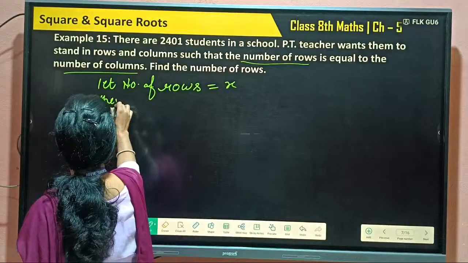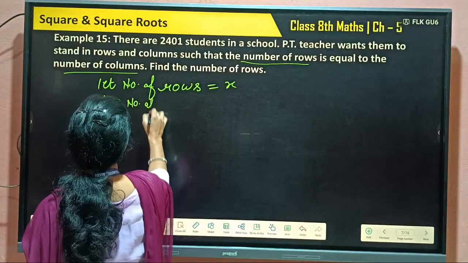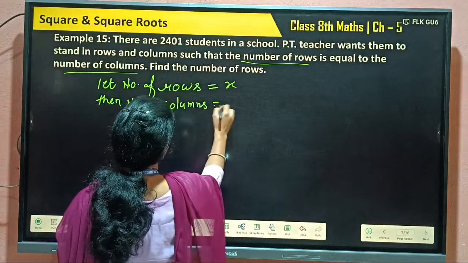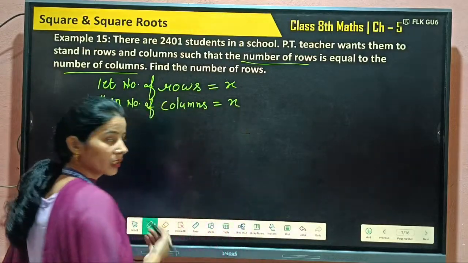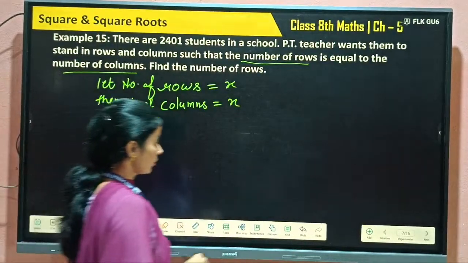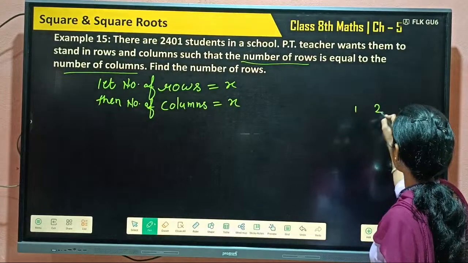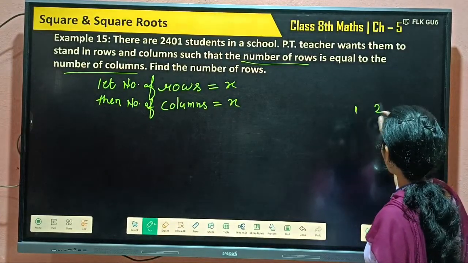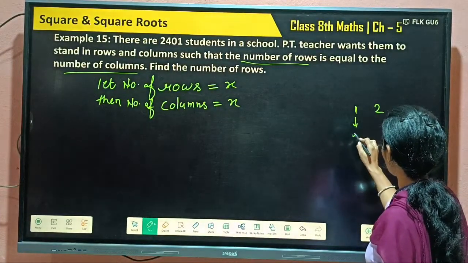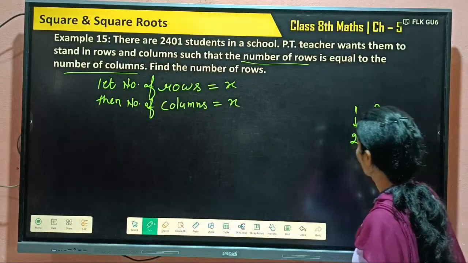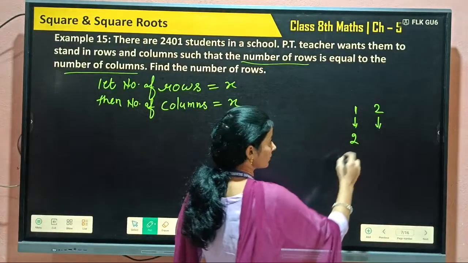Then the number of columns is x. Then the total number of students will be, suppose there are 2 rows, first row, second row, then in the first row there will be 2 students, and in the second row also. The number of rows equals the number of columns.